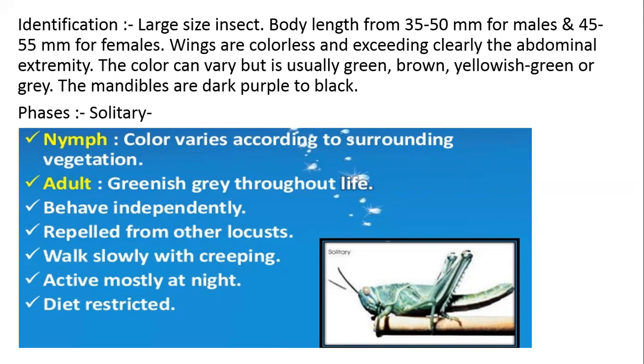Nymphs. Color varies according to the surrounding vegetation. Adults. Greenish gray throughout life. Behave independently. Repelled from other locusts. Walk slowly with creeping. Active mostly at night and diet restricted. This phase is known as solitary phase.